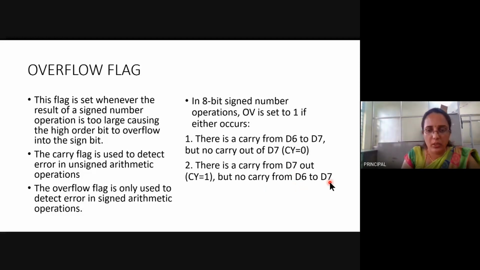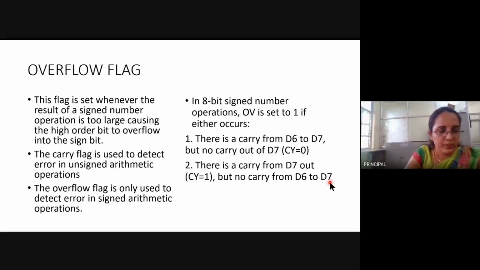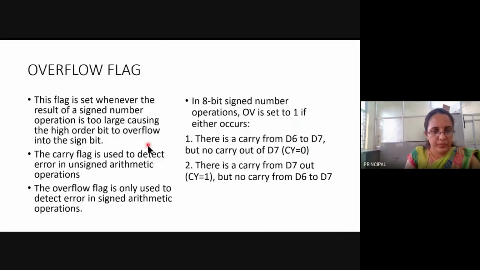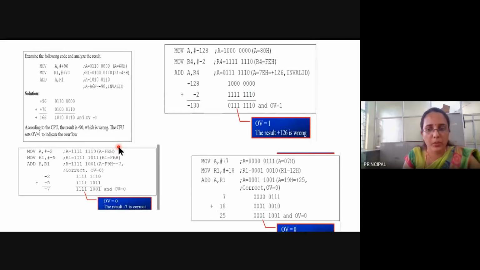So here you can consider examples. The overflow flag is set whenever the result is outside the range of minus 128 to plus 127.